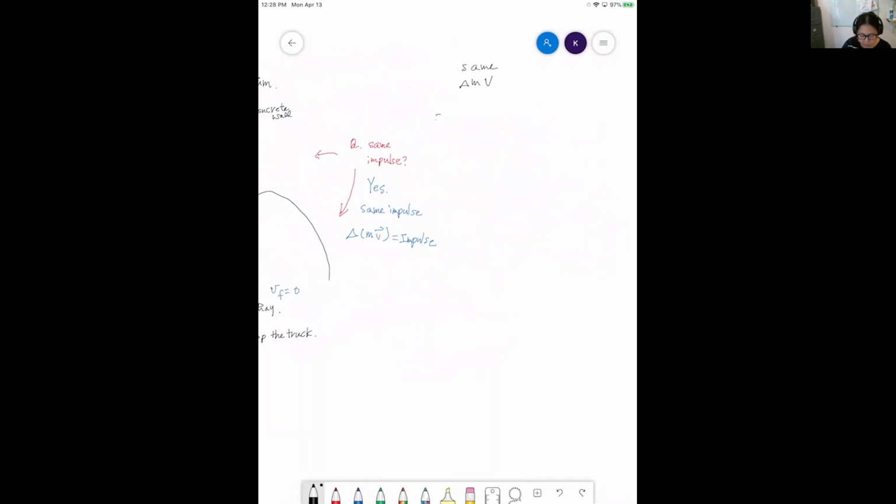Changing momentum is also force times time. So to be the same, if you hit the concrete wall, how long does the force exert from the wall on the truck? Quick, right? You have a short period of time exerting a force. So the force applied on the truck is going to be big.